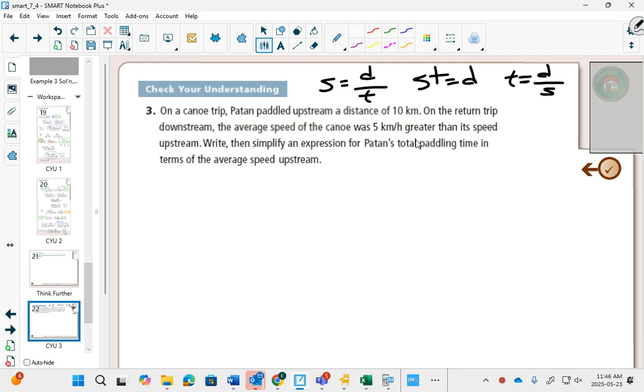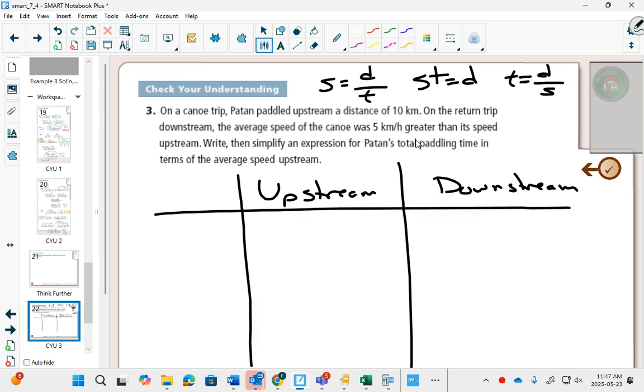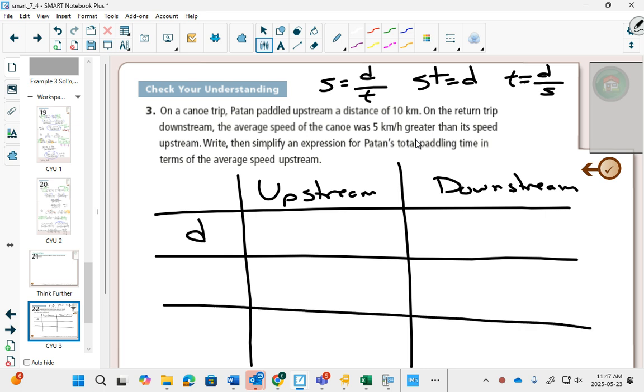For these distance, speed, and time questions, it's easier if we make a chart to organize our data. We have two things happening, so I'm going to make a chart here. We are going upstream, and we're going downstream. In my distance, speed, time formula, I'm just going to write down distance, speed, and time, and see if I know any of this information.